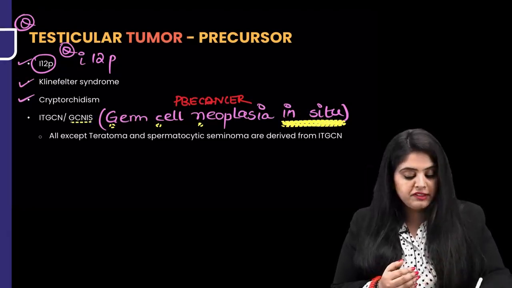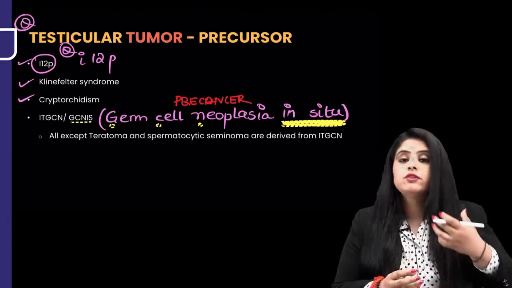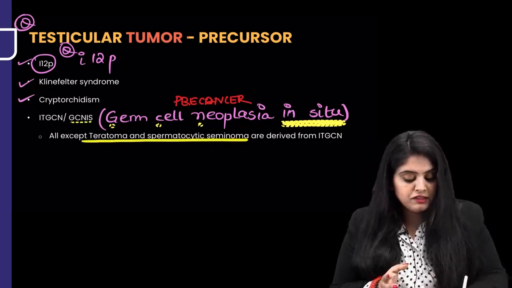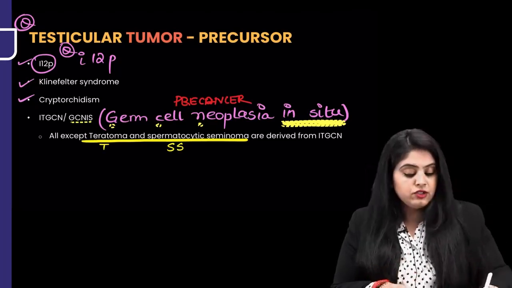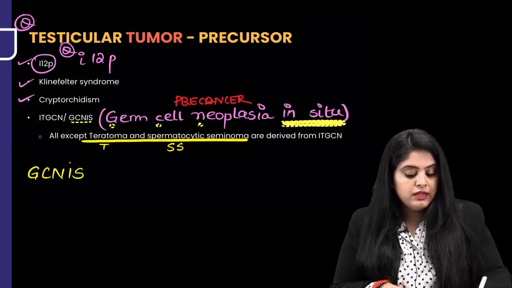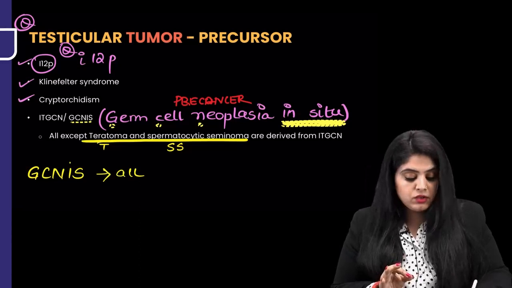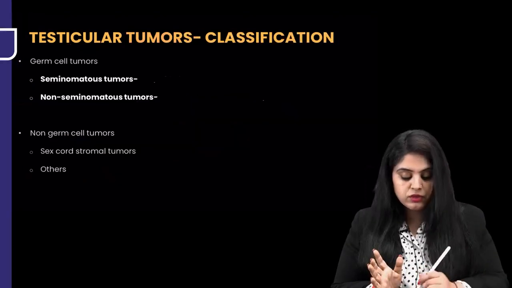So germ cell neoplasia in situ will be the pre-cancer from which all the cancers will occur except SST, that is spermatocytic seminoma, and teratoma. They do not arise from this precursor lesion.